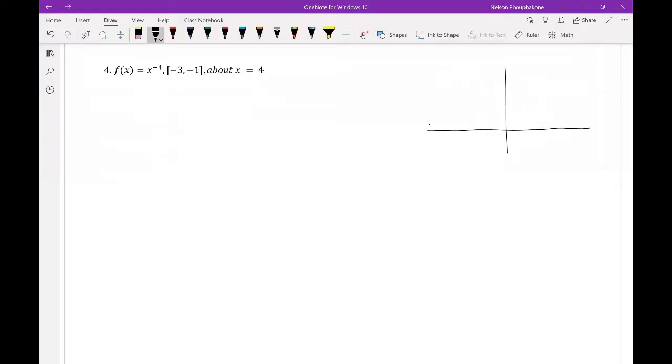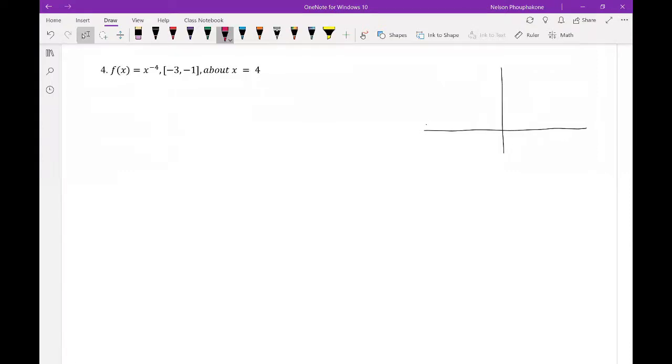So we have 1 over x to the power 4. Basically, the graph that we have is something like this, right? But we only need to work with between -1 and -3. And that means this is the one that we need to work with.